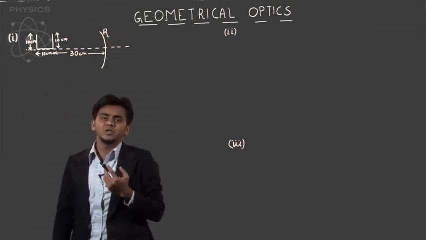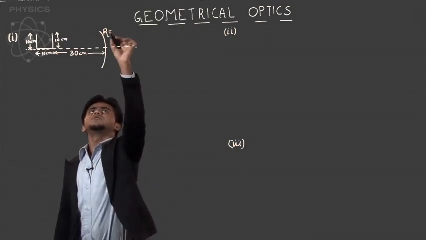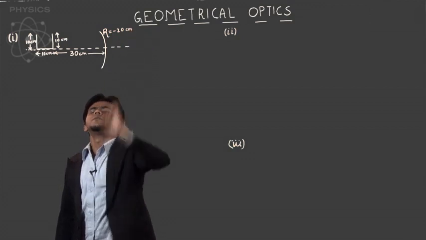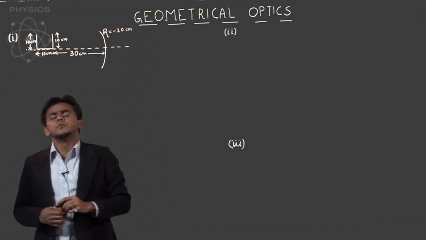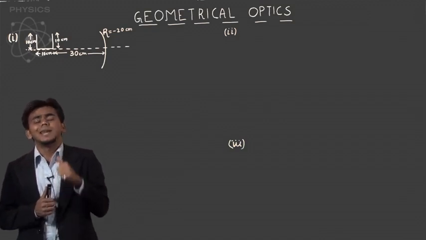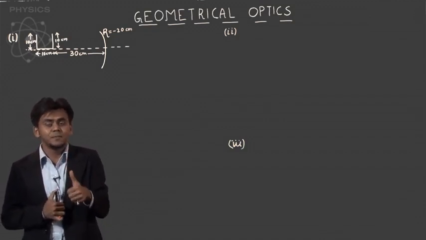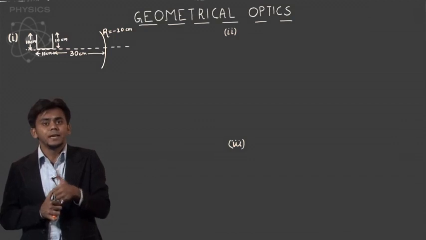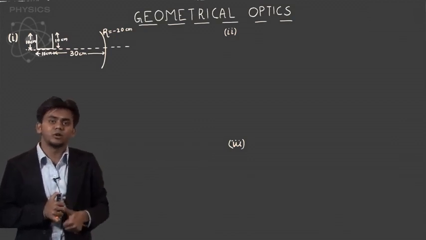So by using sign convention, R comes out to be minus 20 centimeters, right? What we need to find out is the total length of the U-shaped wire's image. I mean image of the U-shaped wire, not the object.